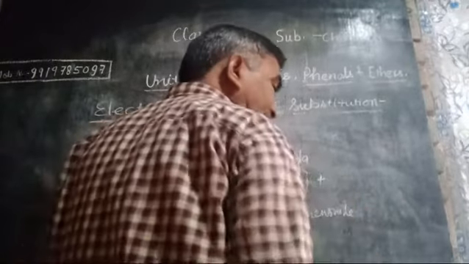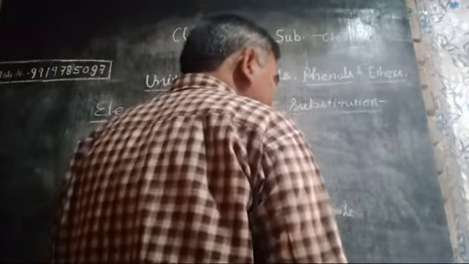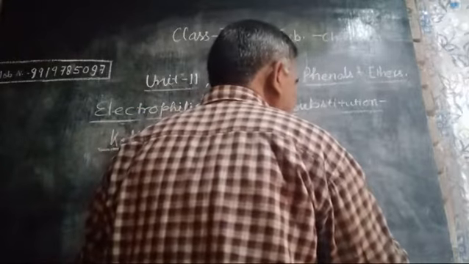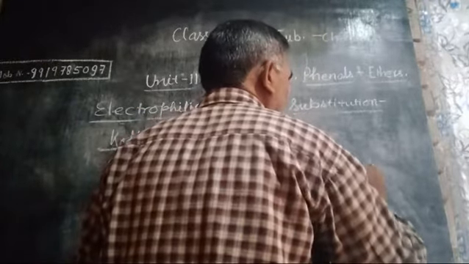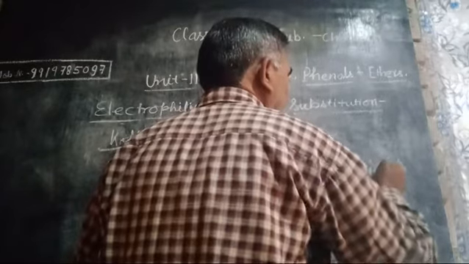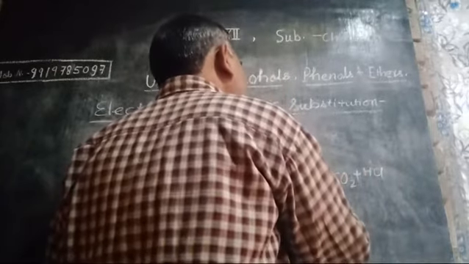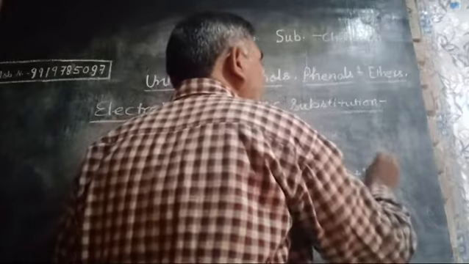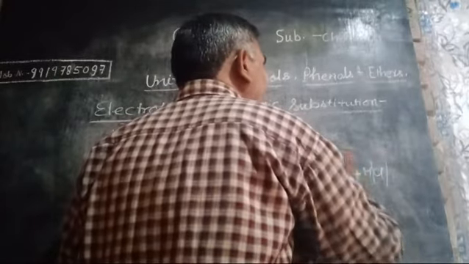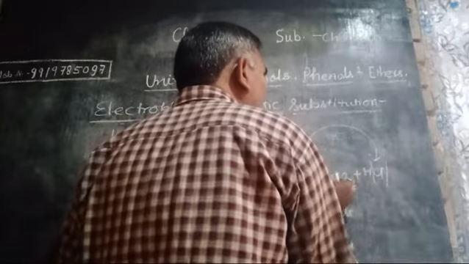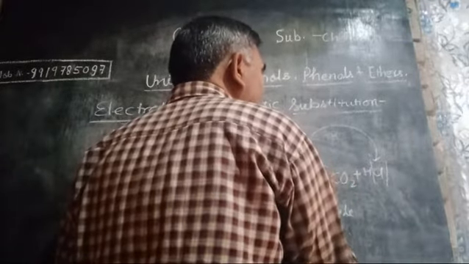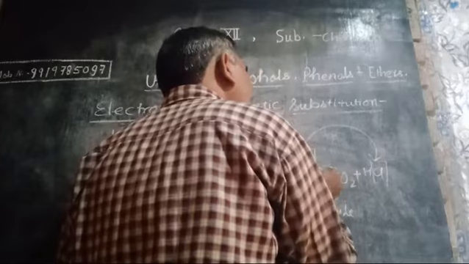When phenoxide is treated again with carbon dioxide and HCl, Na and Cl form NaCl, and CO2 is substituted at the ortho position.